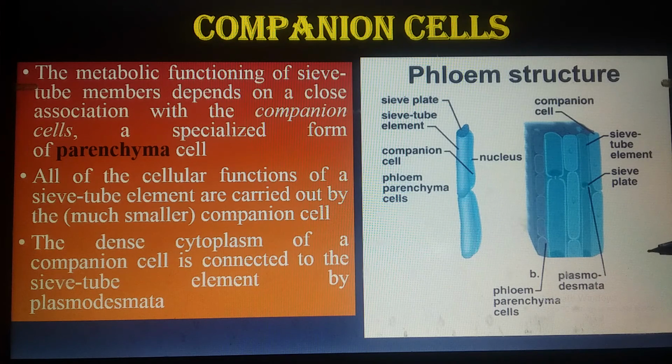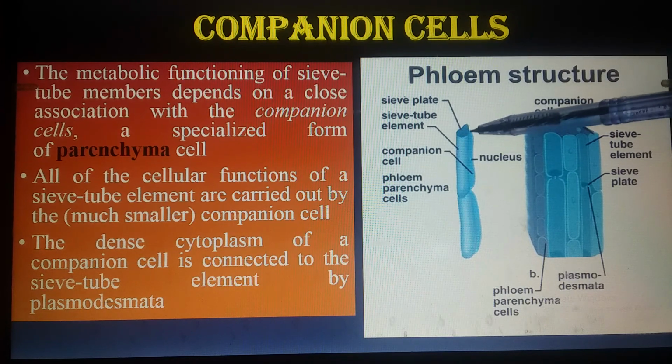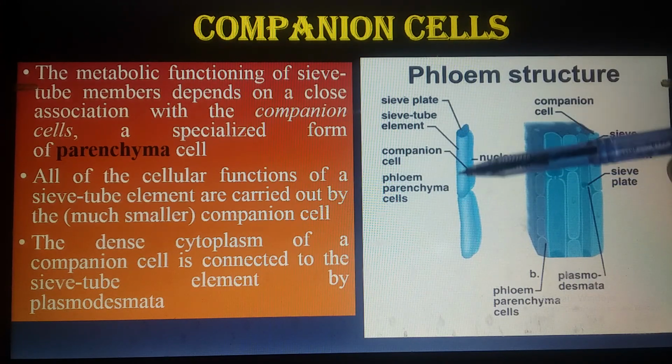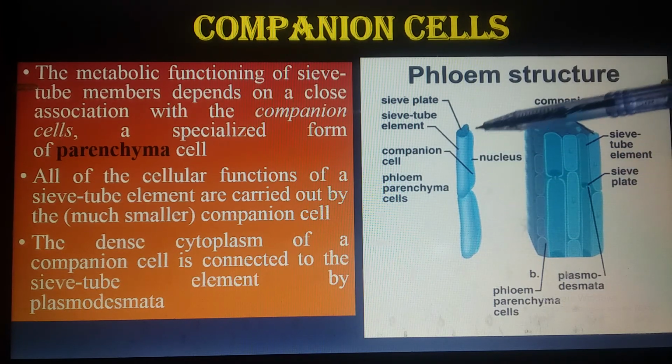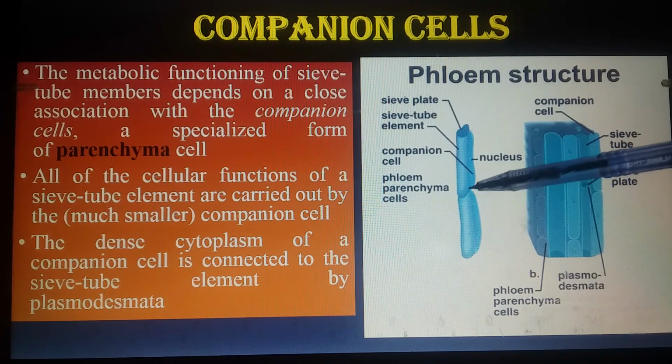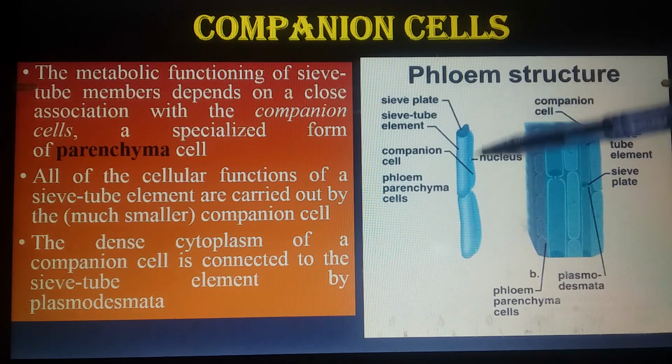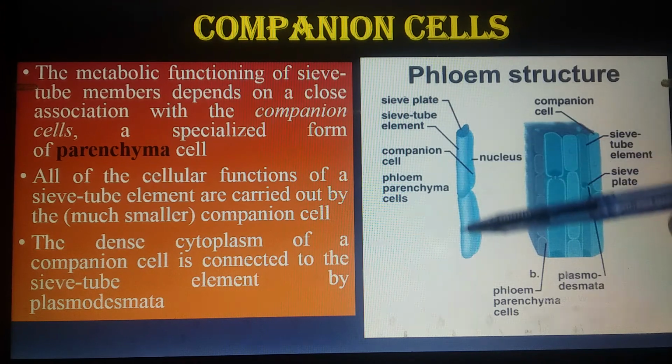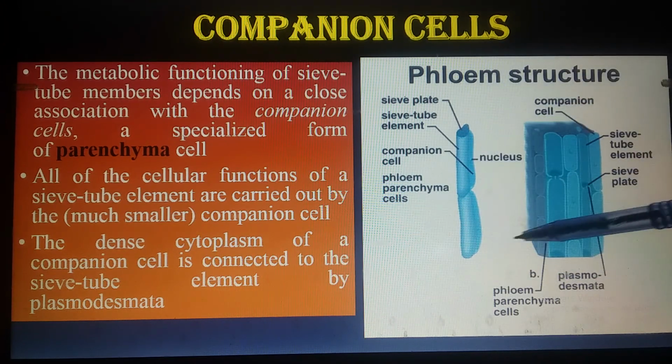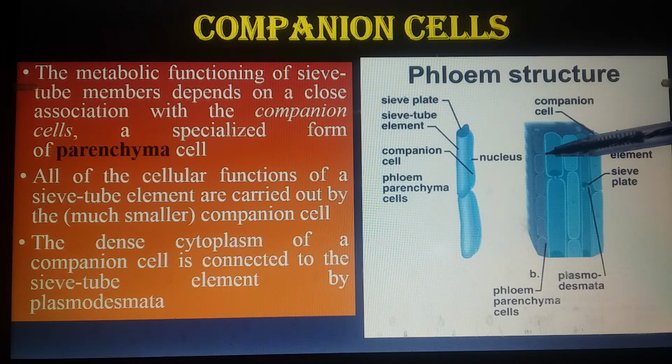Sieve elements are called sieve tube elements because they have perforated plates at both ends, and they are joined with each other at this perforated plate for the easy conduction of food. Companion cells assist and help the sieve tube to transport the food material, and parenchyma cells help in storage as well as assist in conduction.